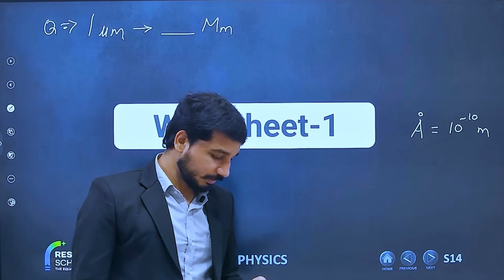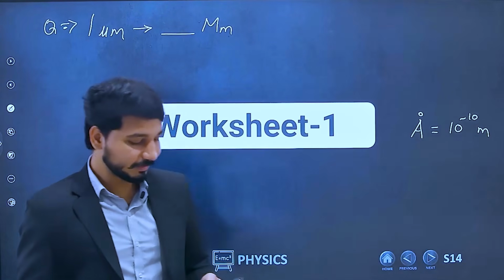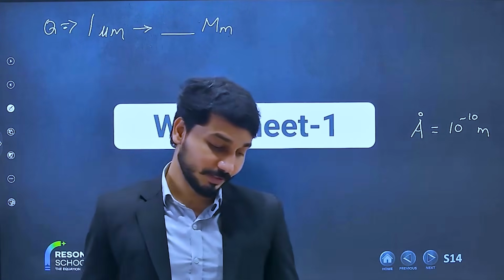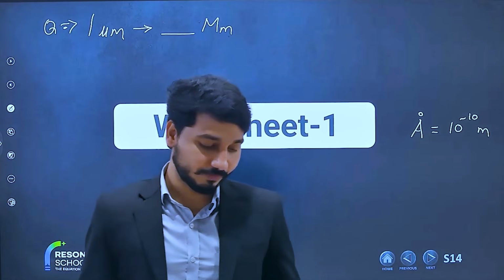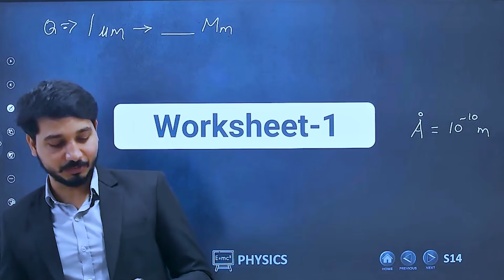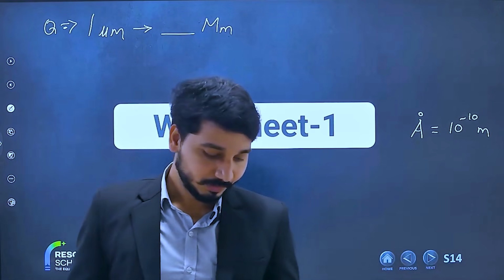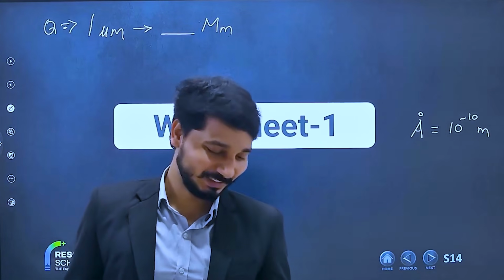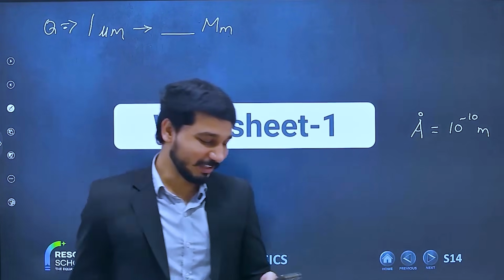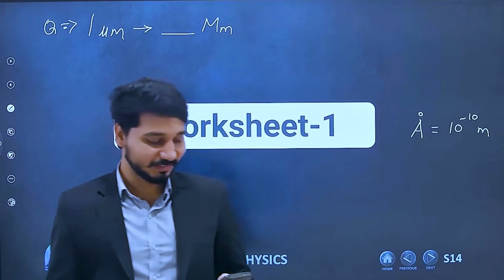Kritika is answering 10 to the power minus 12. Srinivas is answering 10 to the power 12. Shaurya is answering 10 to the power minus 12. Pratik is answering 10 to the power minus 0. Oh, minus 0. Shaurya is 10 to minus 12. Kaustubh 10 to minus 6.